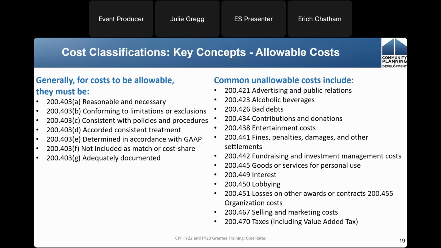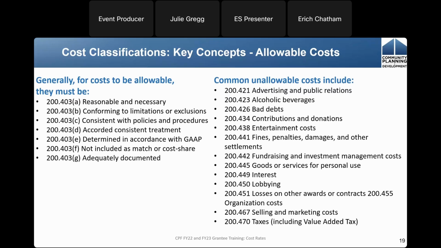So that can be found, the allowable costs can be found in 200.403, items A through G, and the unallowable cost range from 200.421 through 200.470. And so to be allowable, costs must be reasonable and necessary.